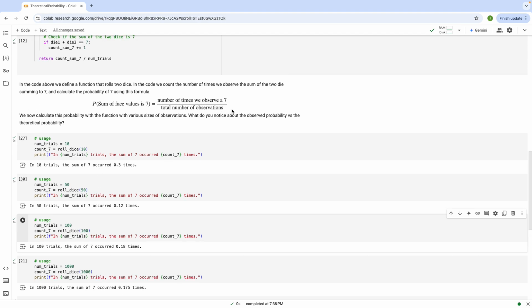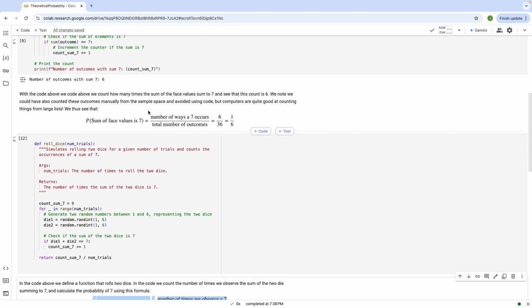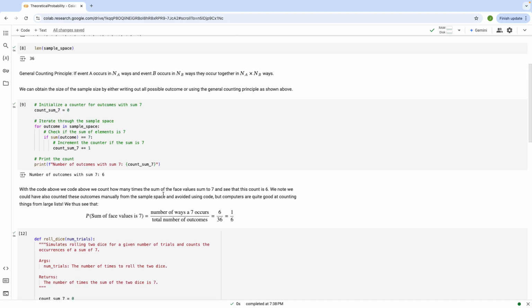The formula for observational probability, in general, the probability of A is the number of times we observe outcome A divided by the total number of observations. Theoretical probability is the number of ways A occurs divided by the total number of outcomes in the sample space.